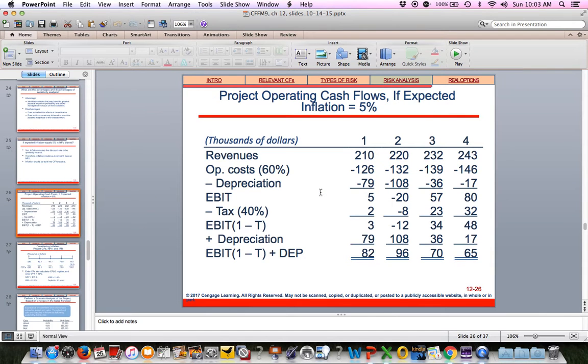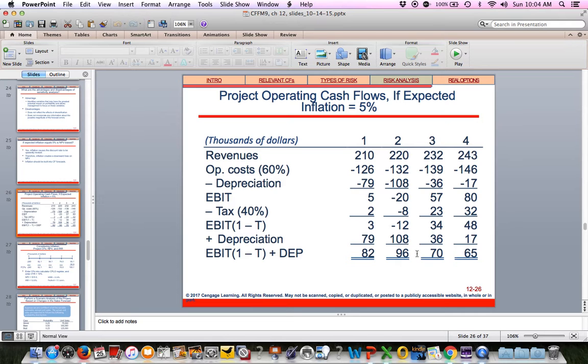Okay, so they're just saying here, if we think inflation will be an issue, you can see what they did here is they just increased every year by 5%. That's all that they did. So they said inflation is an issue, so they increased every year by 5%. And therefore, the 60% of revenues changed. Everything else, the depreciation stayed the same. The EBIT would have changed, tax would have changed, and depreciation stayed the same.